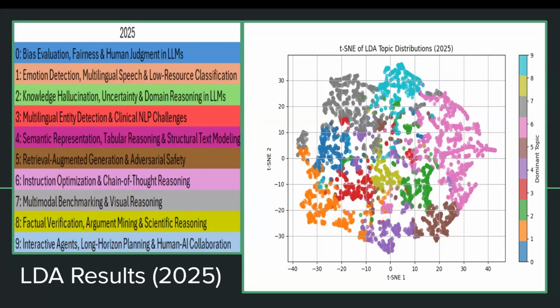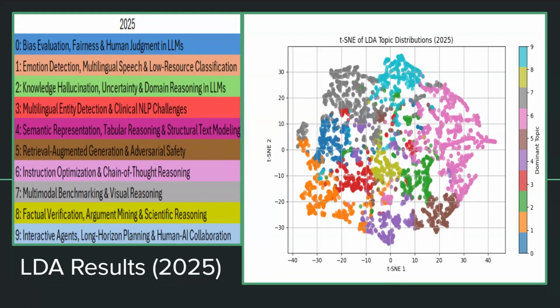Clustered around the center, you can see topics 2 to 8 are also related to each other, which are knowledge hallucination and uncertainty and domain reasoning in LLMs, and factual verification, argument mining, and scientific reasoning, which are both about truth and reasoning.